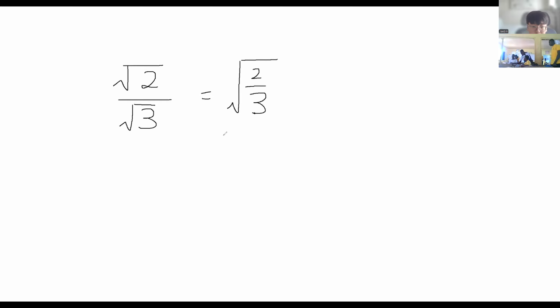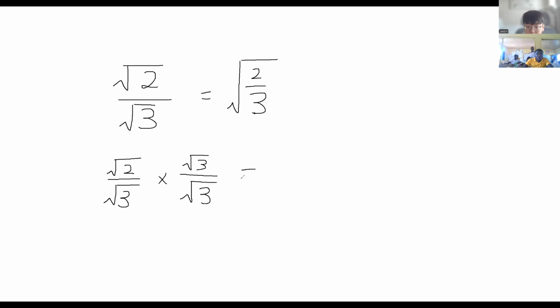Or you can make this something different: square root of 2 over square root of 3, multiplied by square root of 3 over square root of 3, because this is just equal to 1, right?